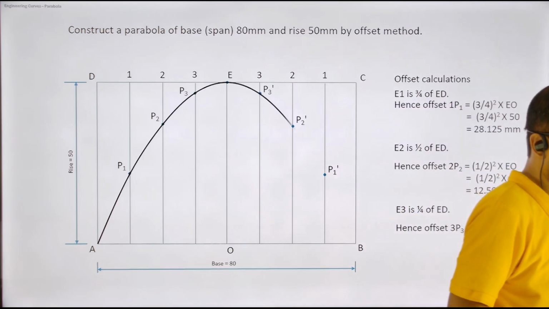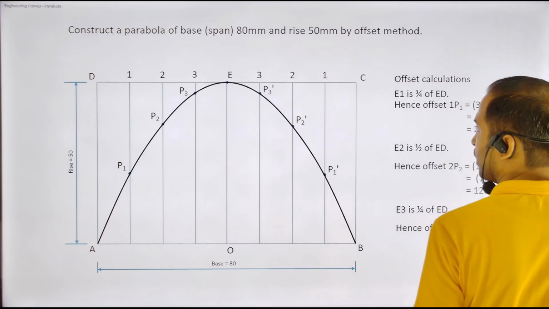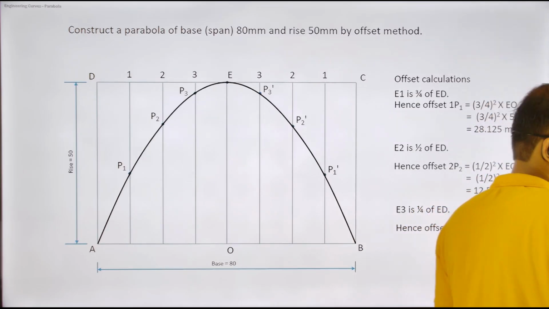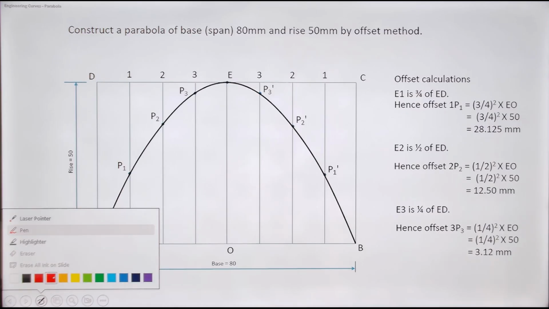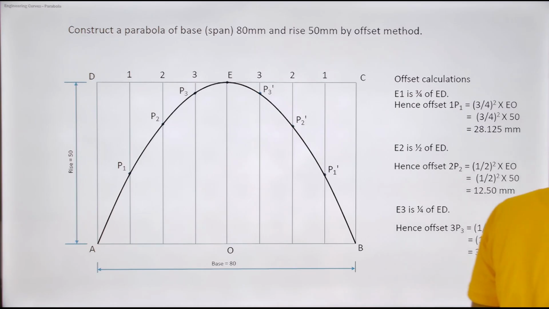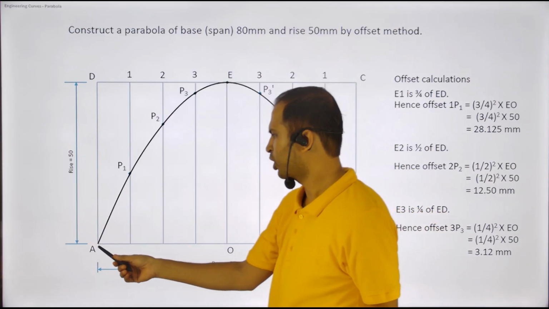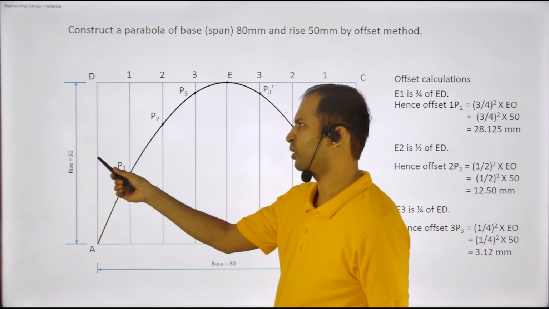So let us see what happens. Suppose I take it into equal parts. The total height is 50, the rise is 50, right? So 4 equal parts means it will be how much? 50 divided by 4 is approximately 12.5, right? So this first point will come at a height of 12.5. The other will be in the center at 25.